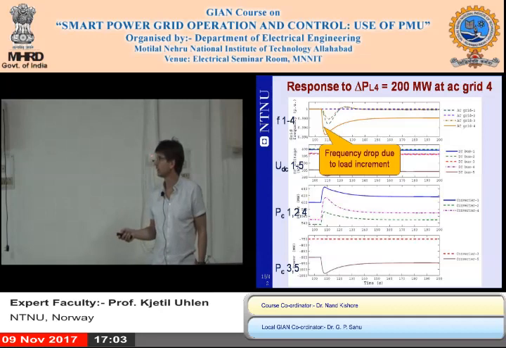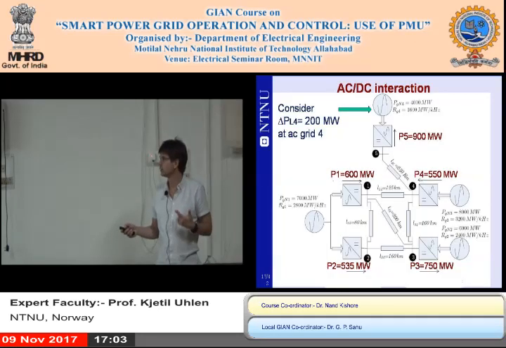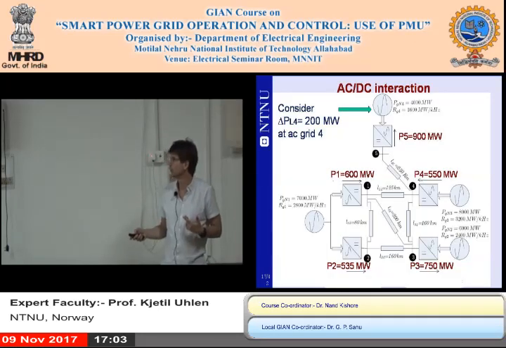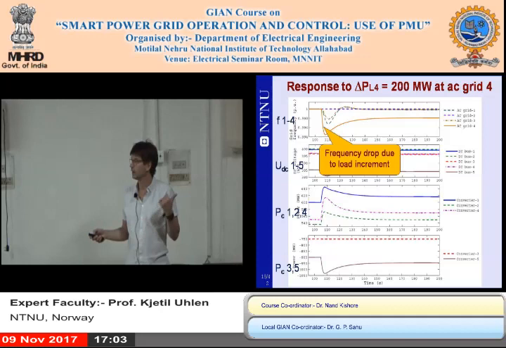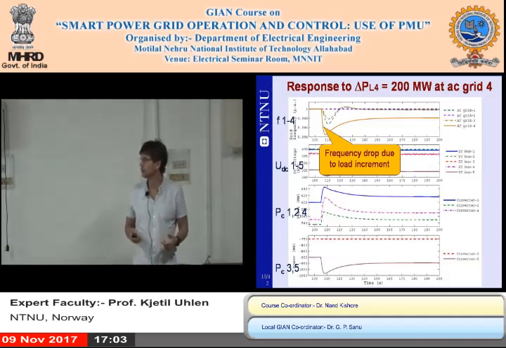In this case, there is a sudden need for more power here because you can think, for example, there is a loss of a generator of 200 megawatts. So this needs more power. What happens then? Of course, what happens first is that the frequency drops in that grid. So the local frequency will drop due to the loss of generation.